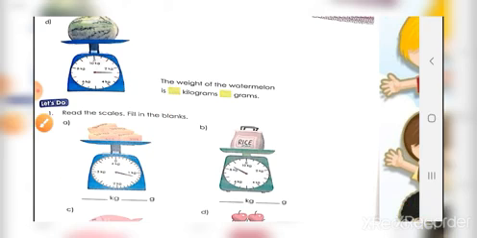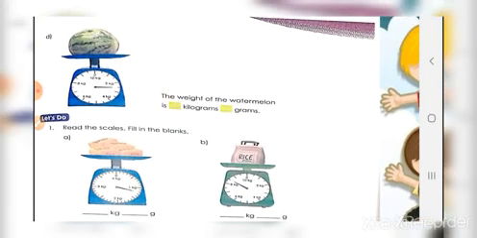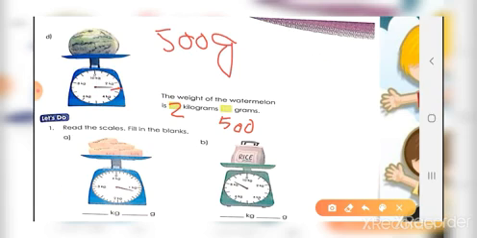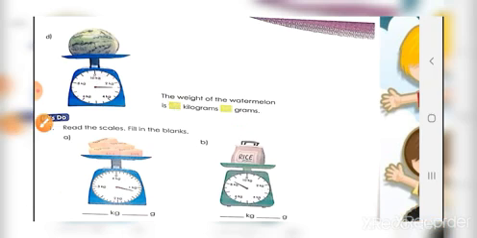It means that this is 2 kilograms and 500 grams, as we know that each interval stands for 500 grams. So these 4 examples I have explained for you.